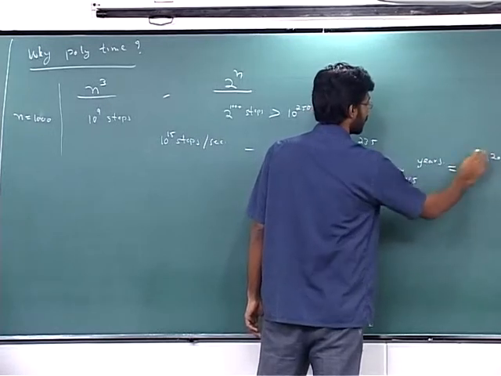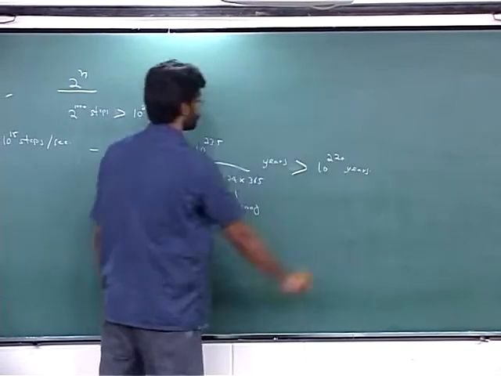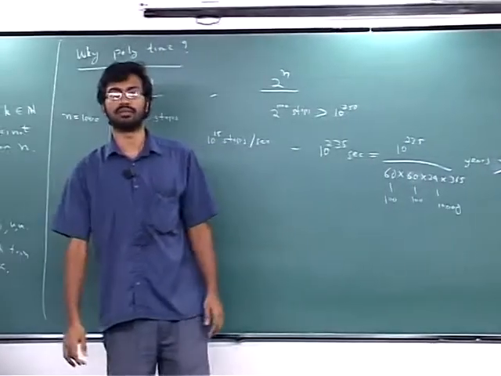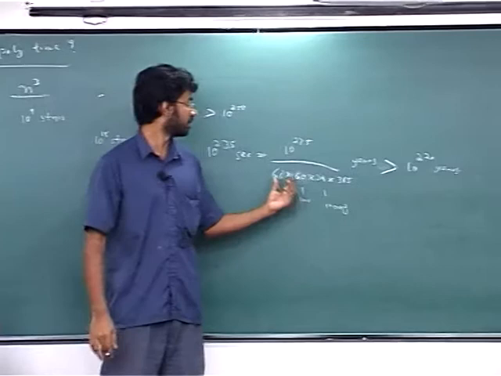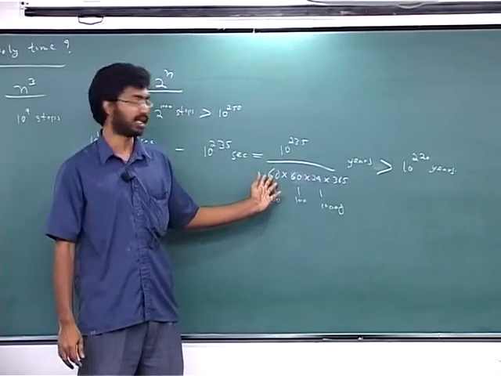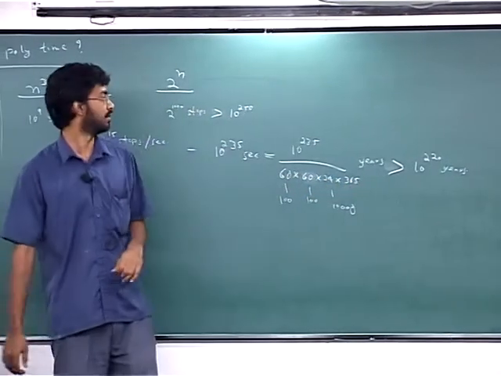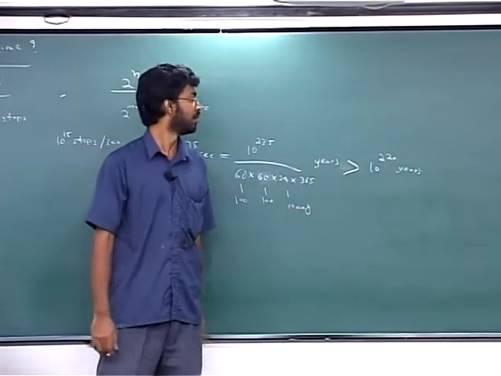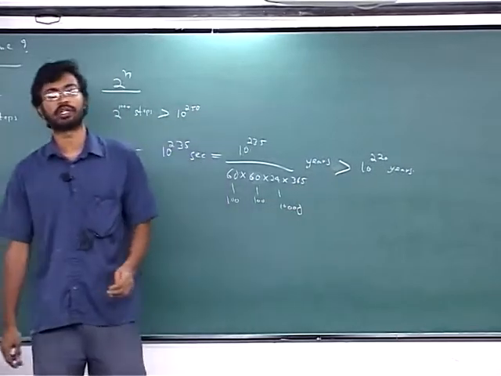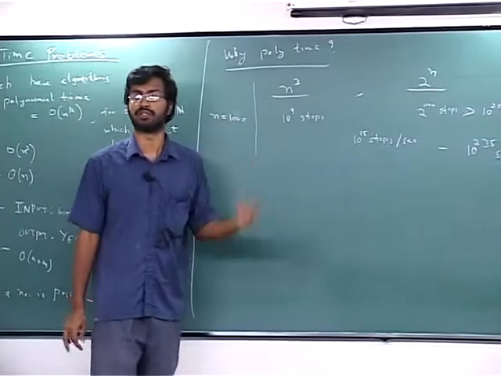It's even something greater. So I just made it into years. Just multiply to make it minutes, hours, days, and years. It takes around 10 raised to 220 years to run this algorithm for an input of size just 1000.